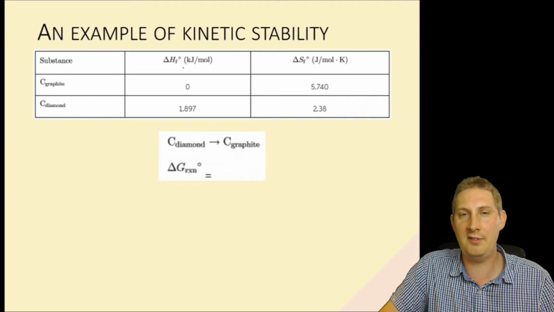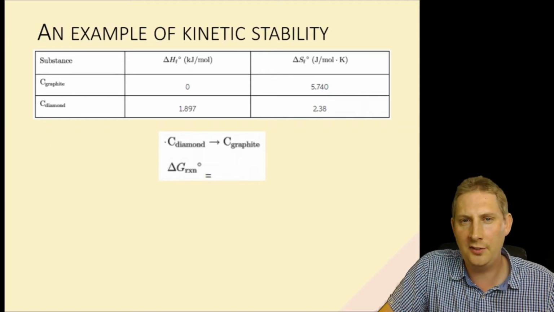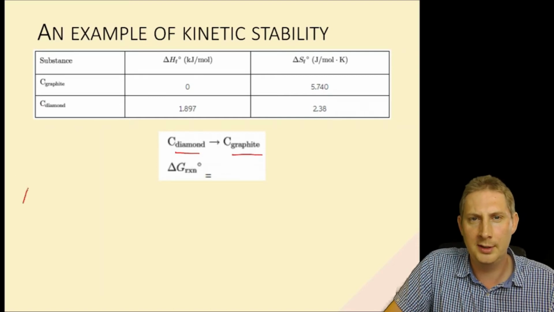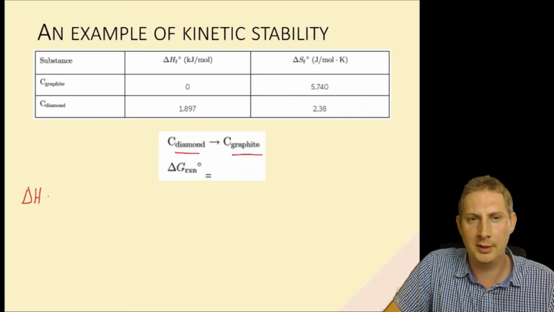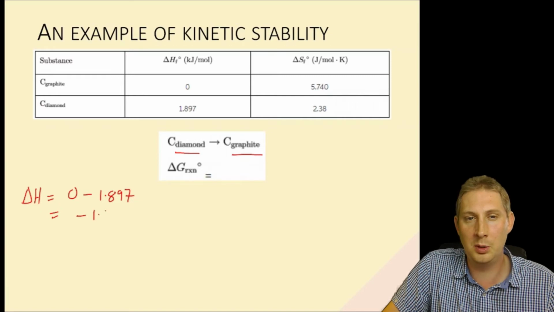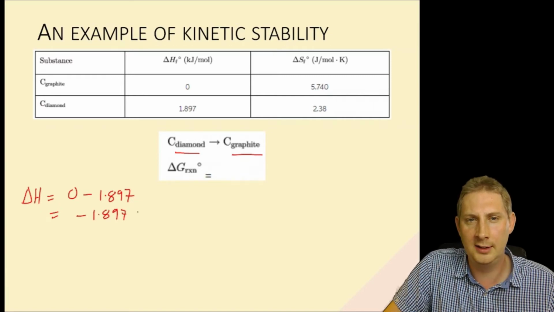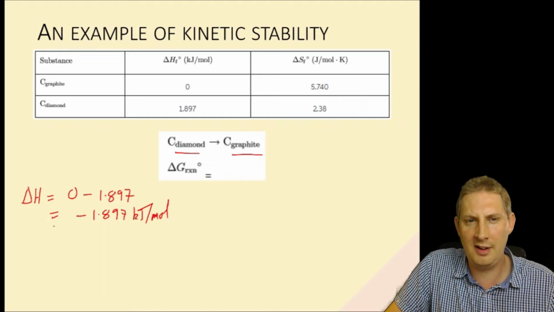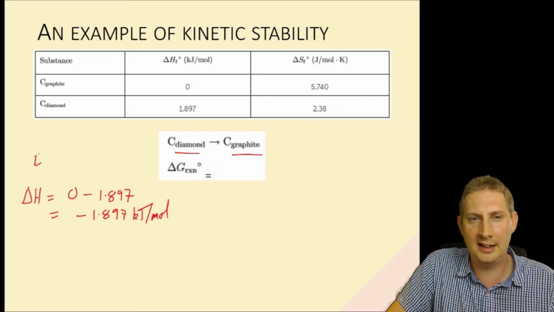If we look at graphite versus diamond, so for the reaction diamonds turning into graphite, delta H is products, so that's graphite 0 minus reactants 1.897, so therefore it is minus 1.897 kilojoules per mole. Diamond turning into graphite is, in other words, exothermic.